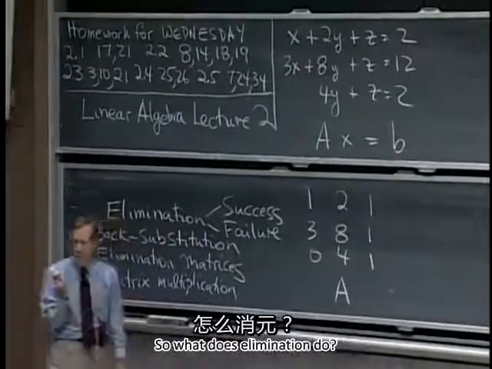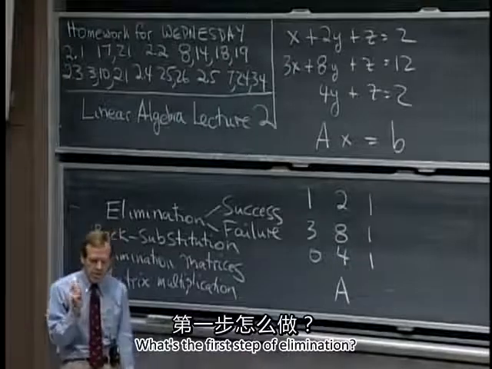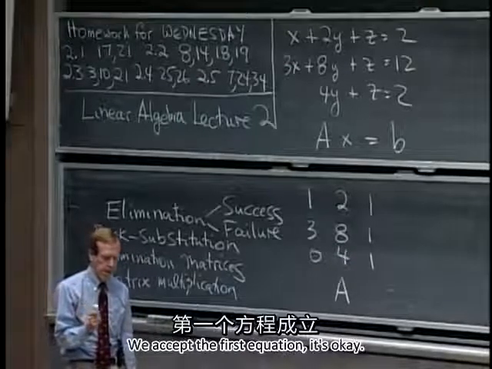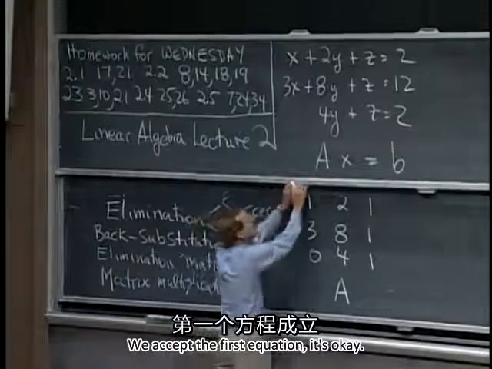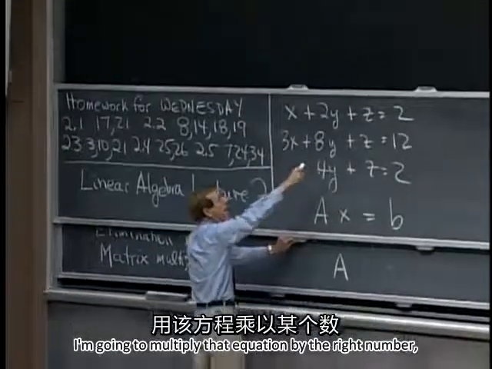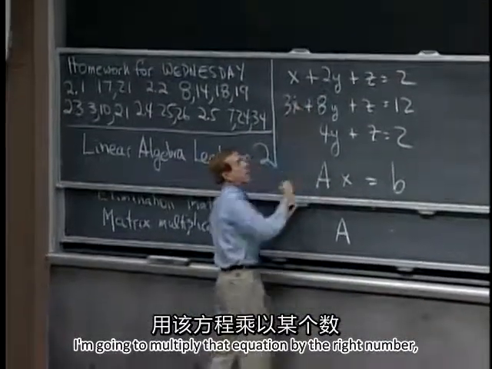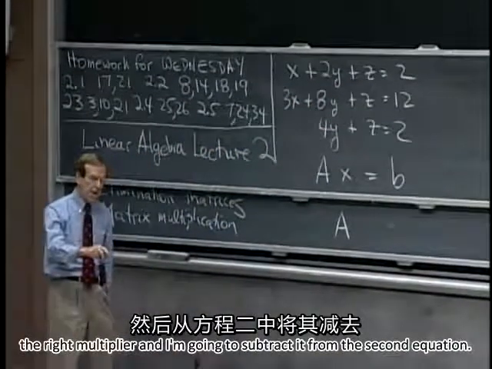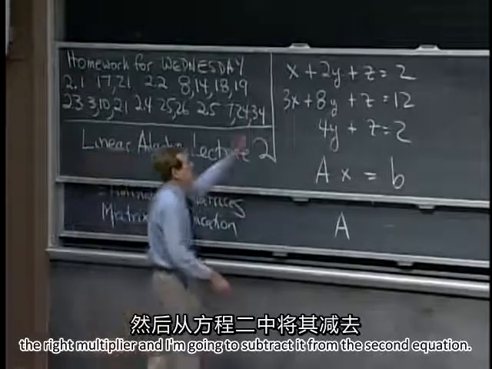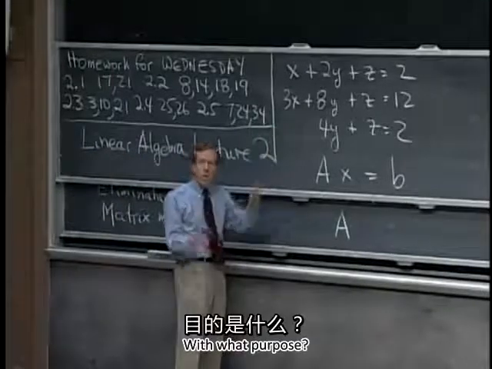So what does elimination do? What's the first step of elimination? We accept the first equation, it's okay. I'm going to multiply that equation by the right multiplier, and I'm going to subtract it from the second equation. With what purpose?